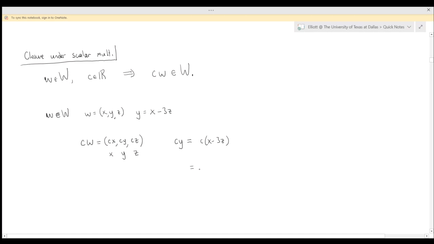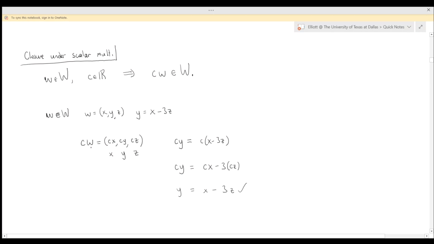And then if we distribute the c, we get cx minus 3 times cz. When we rewrite it like this, we see that the y-coordinate is in fact equal to the x-coordinate minus 3 times the z-coordinate.